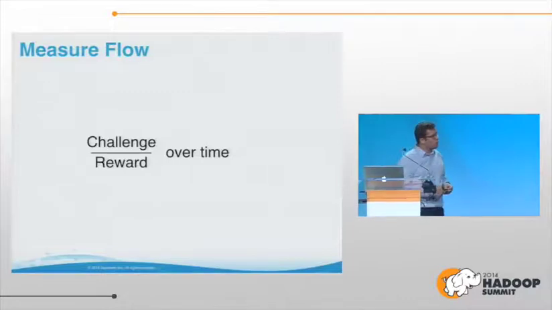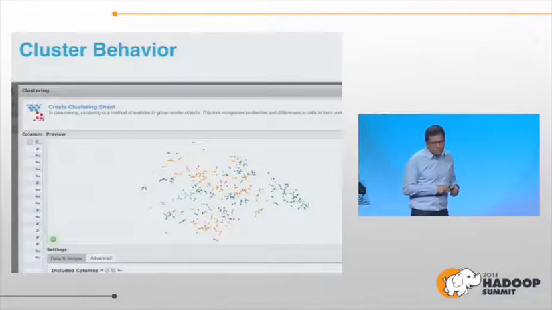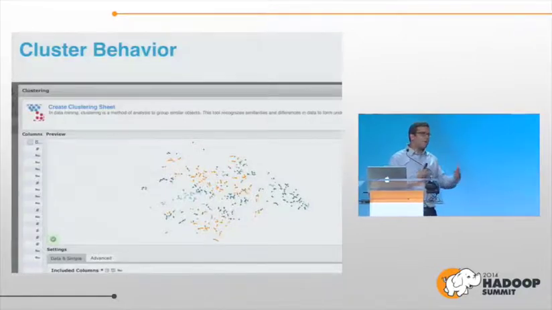And there are a few cool things you can do, and this is just a screenshot out of our product in a specific game, but you can compare users and put them in buckets.